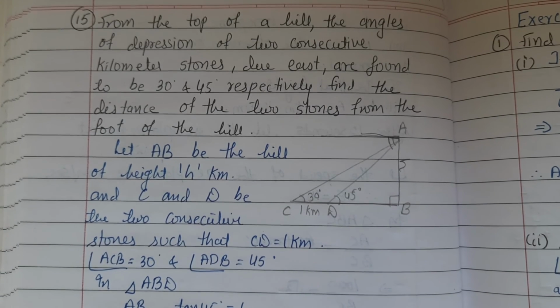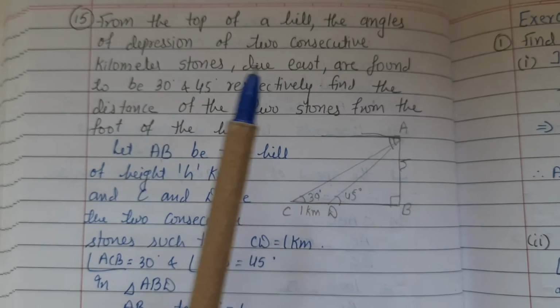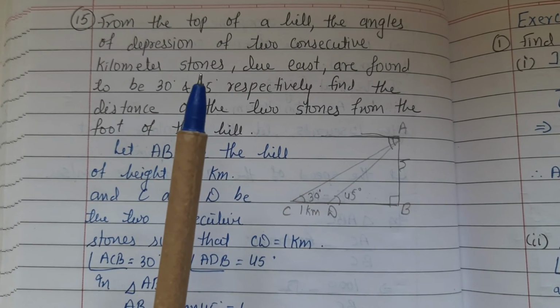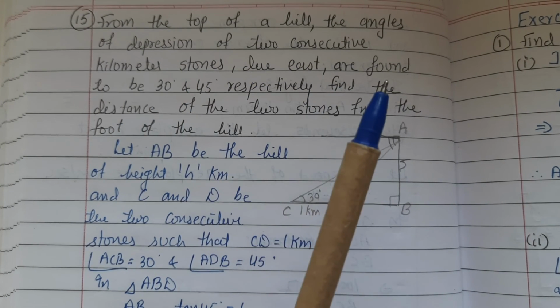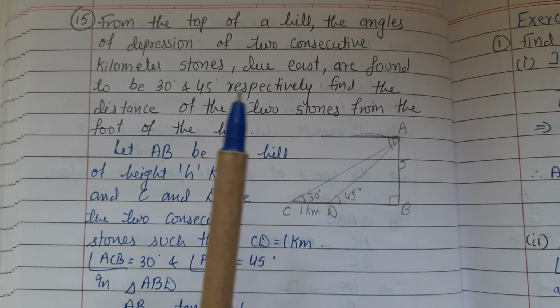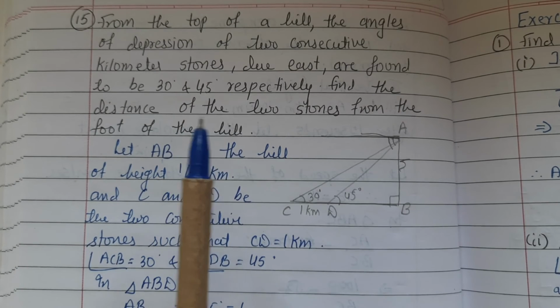Sum number 15. From the top of a hill, the angles of depression of two consecutive kilometer stones due east are found to be 30 degrees and 45 degrees respectively. Find the distance of the two stones from the foot of the hill.